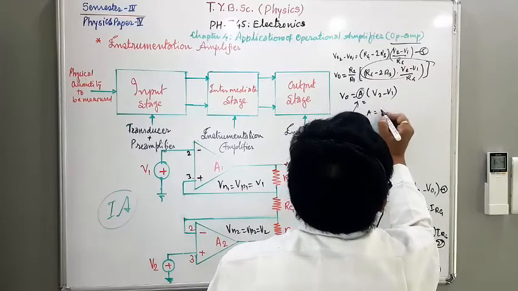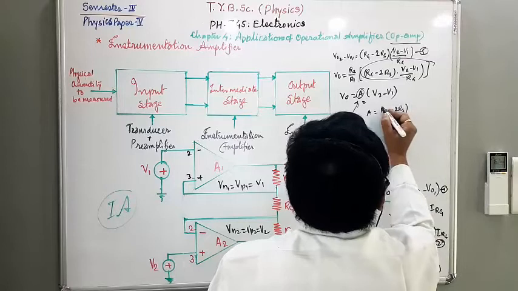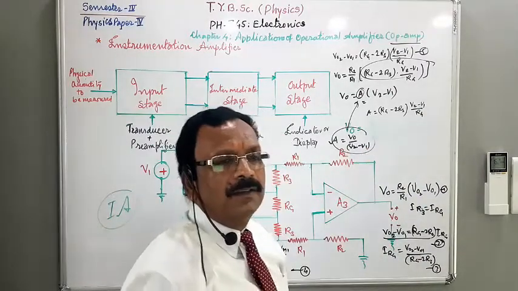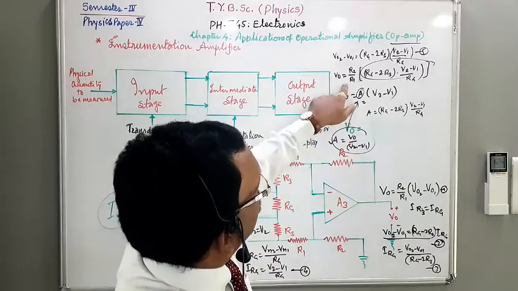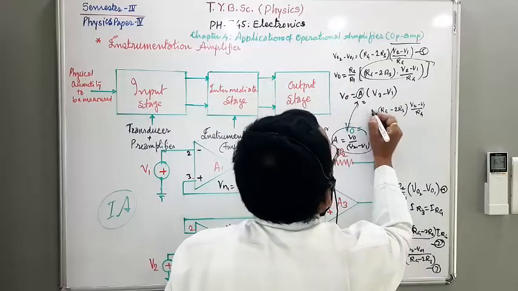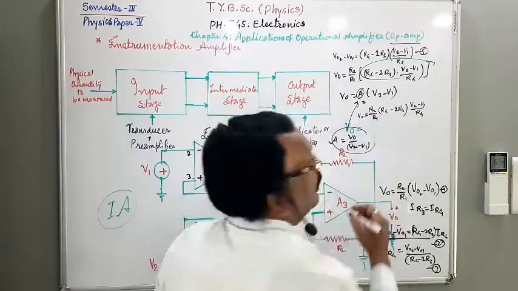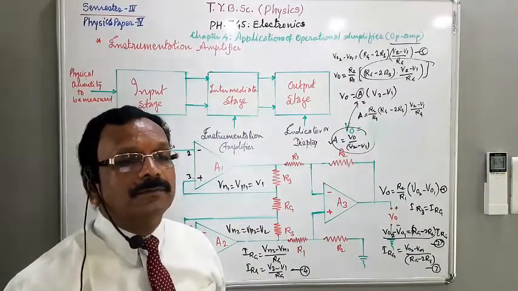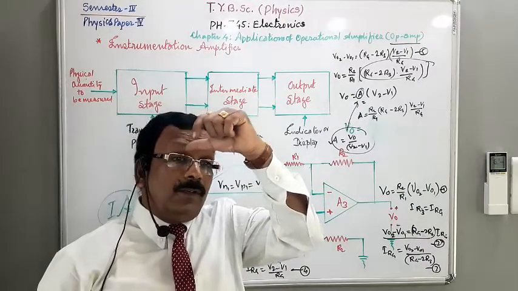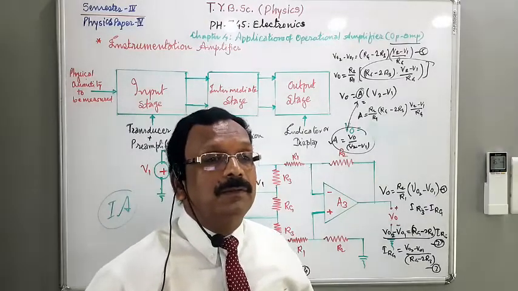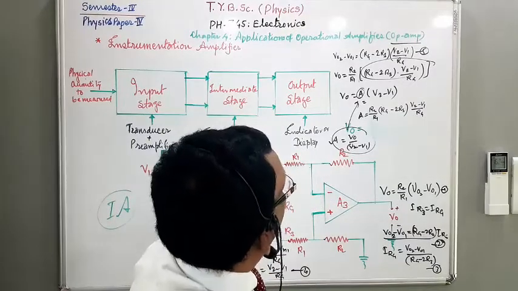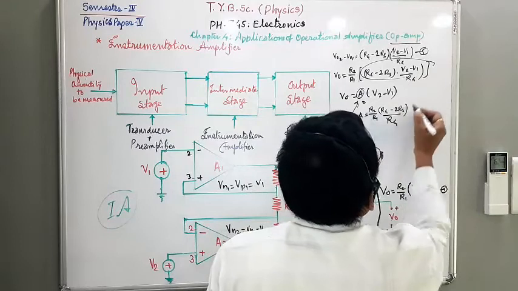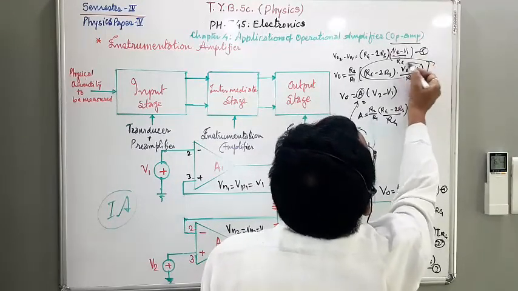Therefore, we can write A is equal to RG plus 2R3, V2 minus V1 upon RG, with R2 upon R1 remaining. Since the term V2 minus V1 is already taken, only RG is needed here.